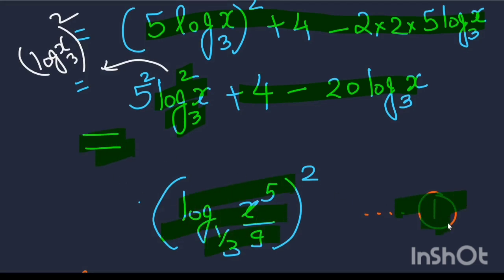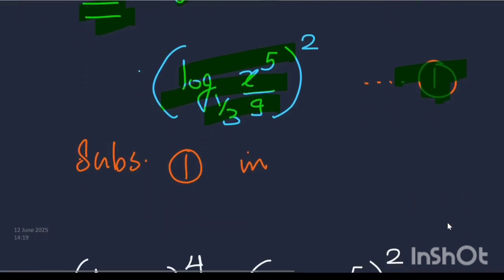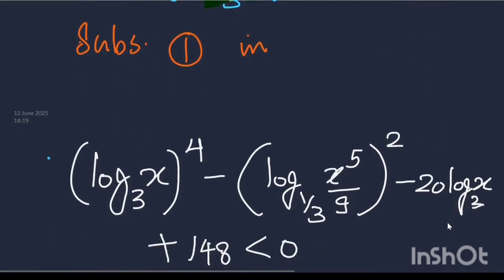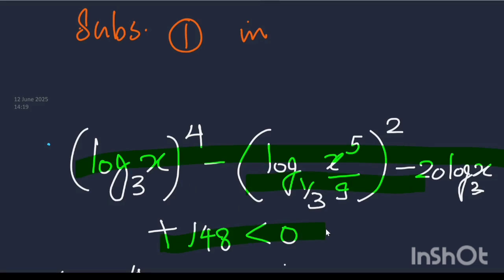Let's say this is the first result. Now substituting this in the original question, which was the inequality that we need to solve.